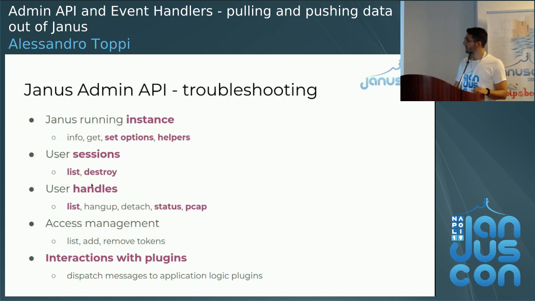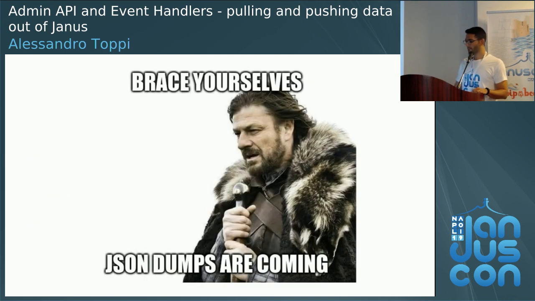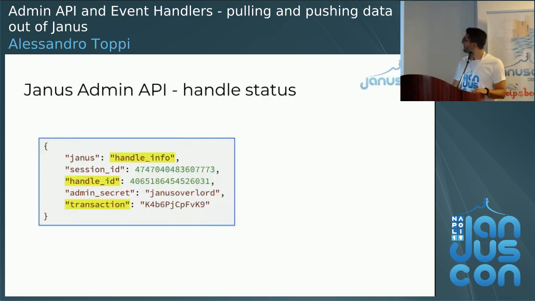Not all the features of the Janus Admin API are useful for troubleshooting, just some of them, and we're going to see some examples of how to use them. Now, I'm very sorry, but I have to show you some JSON dumps. This is the most important message for the Janus Admin API. It is called handle info, and it basically just polls the status of the current ongoing handle.